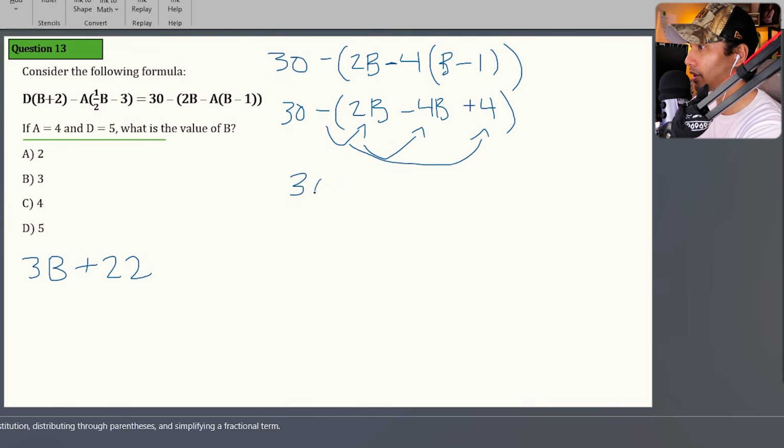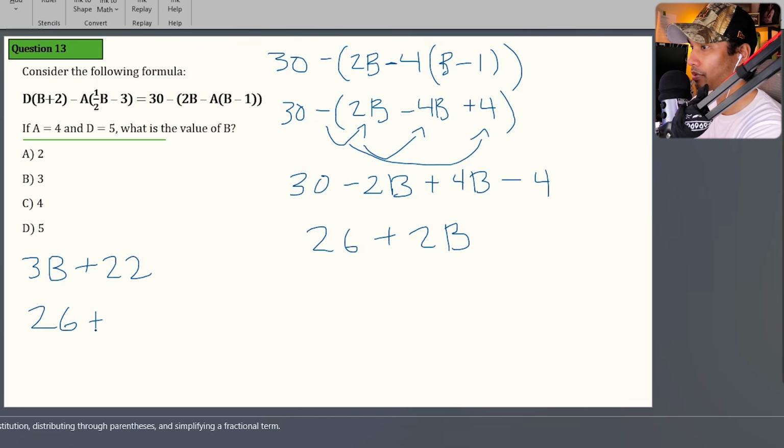And then we get 30 minus 2b plus 4b minus 4. And then we combine like terms. So 30 minus 4 equals 26. And then negative 2b plus 4b is plus 2b. So we have 26 plus 2b on our right side.